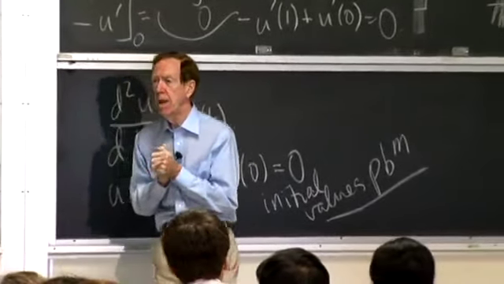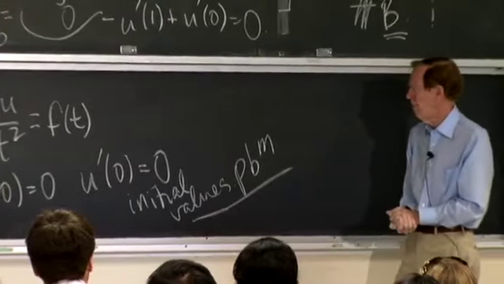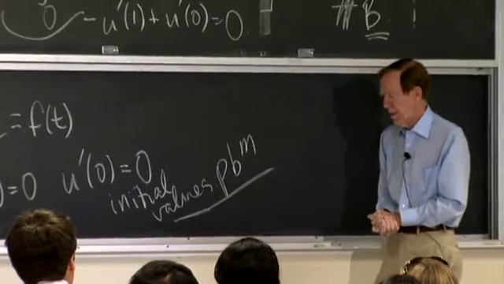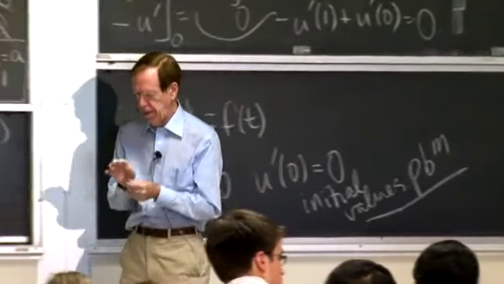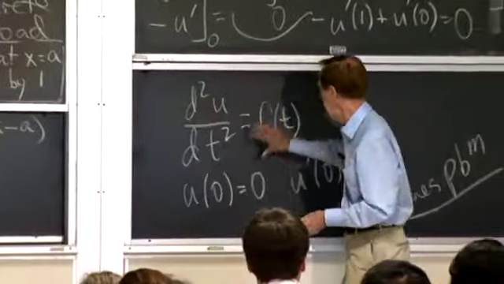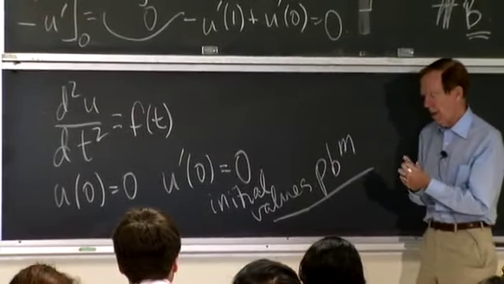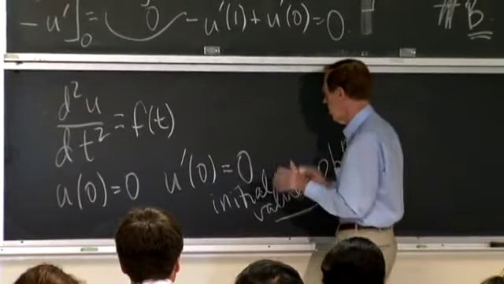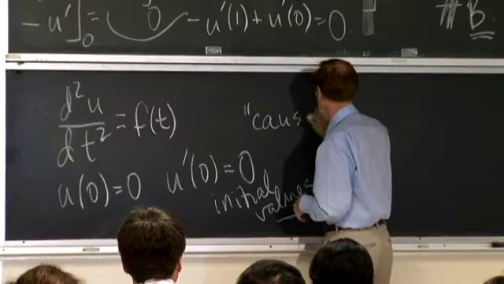What would the matrix be? Good question. What would the matrix look like? So an electrical engineer would call a problem like this, and the kind of matrix that I'm going to write down, I think would be called causal. That word just popped into my head, so let me mention it.